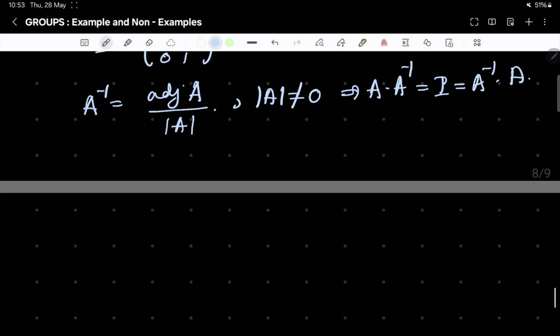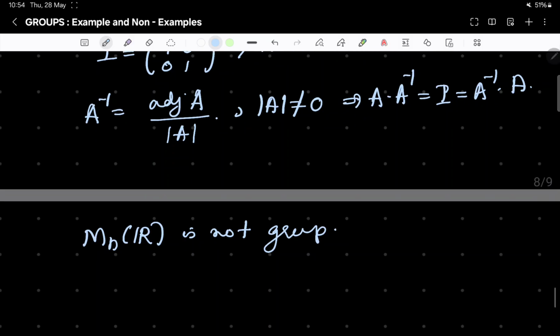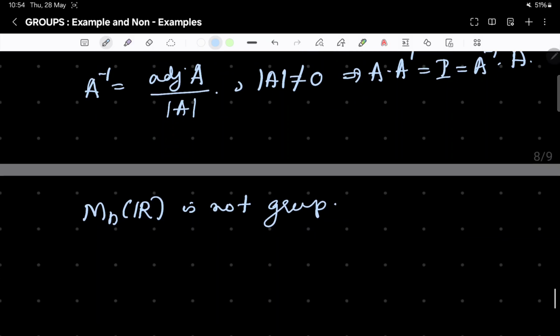So what you can observe is that M_n(R) is not a group. I will say why later, in non-examples. Why is it not a group? Because not every matrix has an inverse.